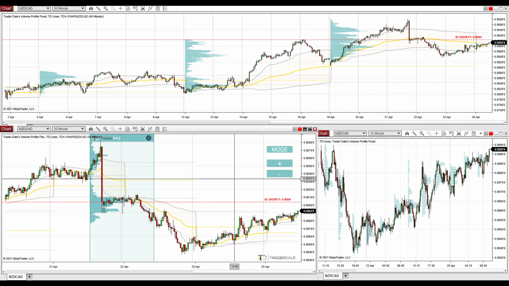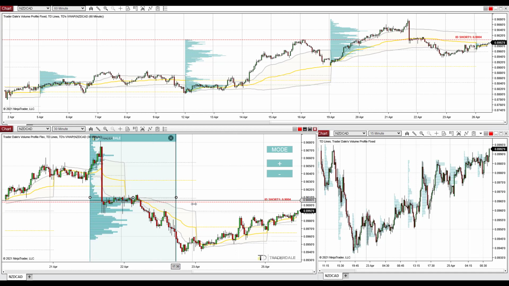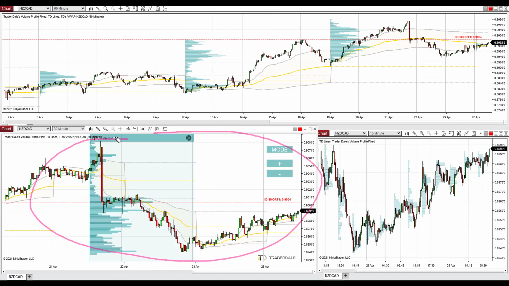Now the first trading idea is on the New Zealand dollar, Canadian dollar, and it is based on a volume accumulation setup. I think I best show you in here on the flexible volume profile and on the 30-minute time frame. So there was a strong downtrend, and what I did, I used the profile to look for significant volume areas.